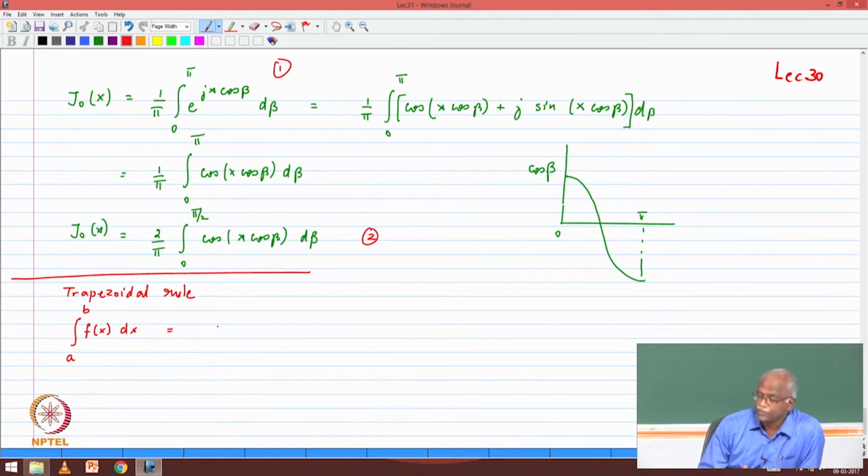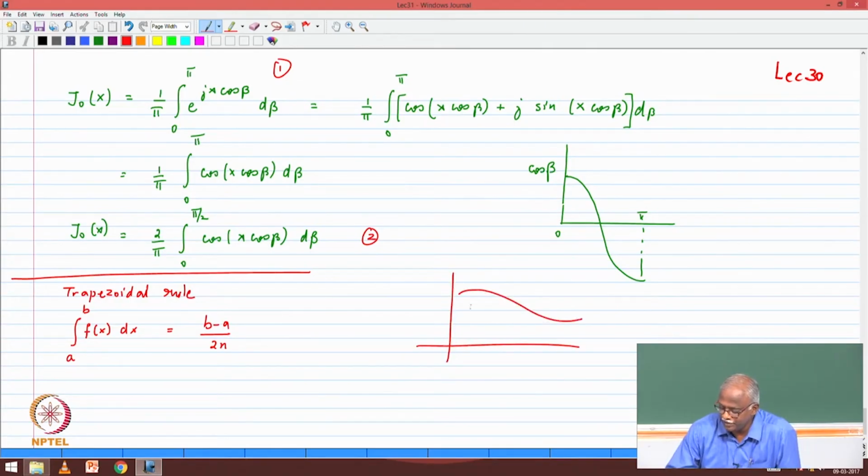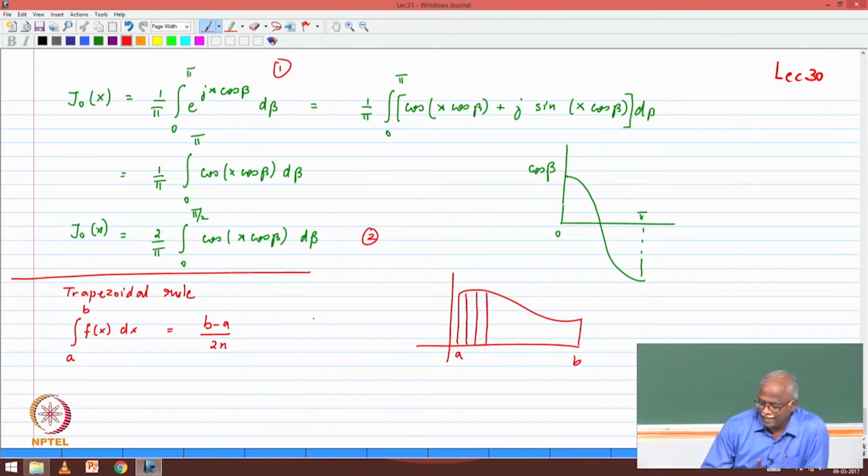This can be approximated by (b minus a) by 2n. Supposing I have n points, basically if it's a function that I'm trying to integrate between a and b, I'm going to divide it into different values, and I'm going to have n plus 1 points total, including a and b. So n plus 1 is the total number of points.